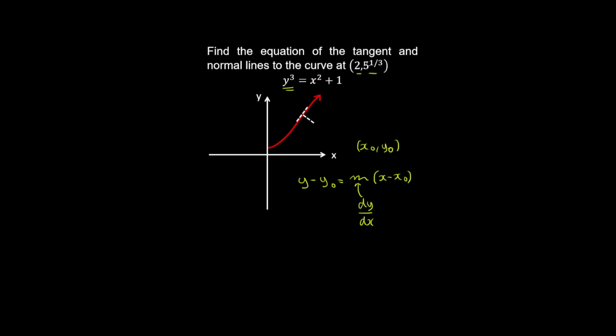Taking the point at x equals 2 and y equals 5 to the third, you can write the equation of the tangent line in the form y equals mx plus c. For the normal line, which is perpendicular to the tangent line, the slope would be the reciprocal of the negative of the slope of the tangent line. Think about why that is, and post your answer in the comments.